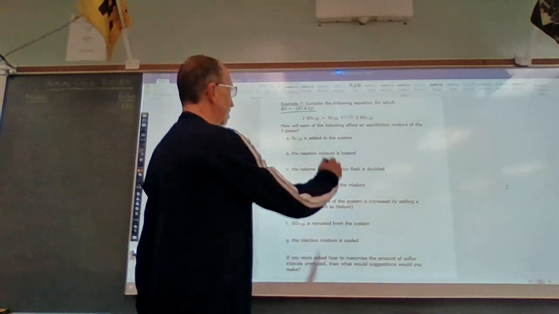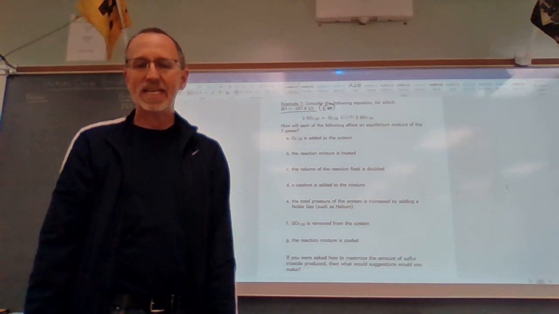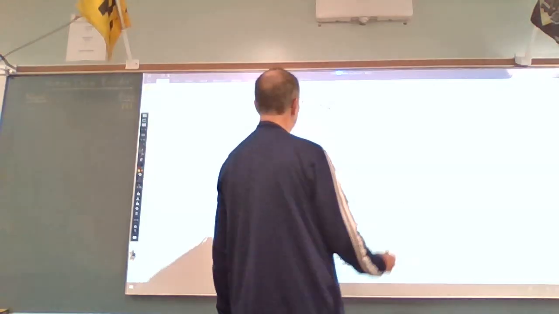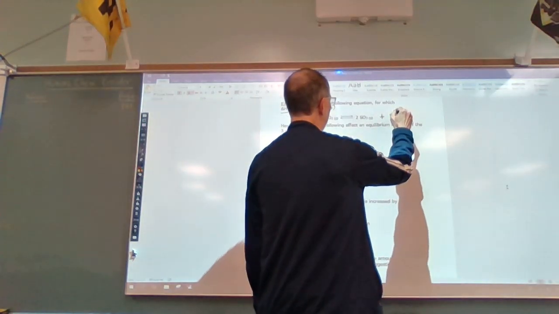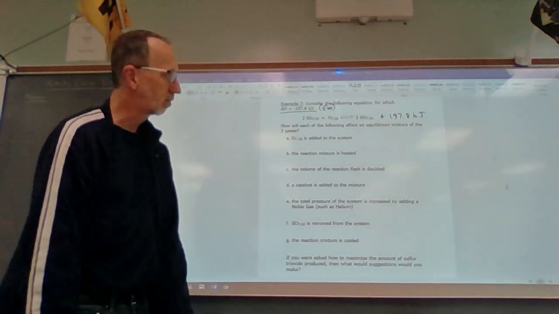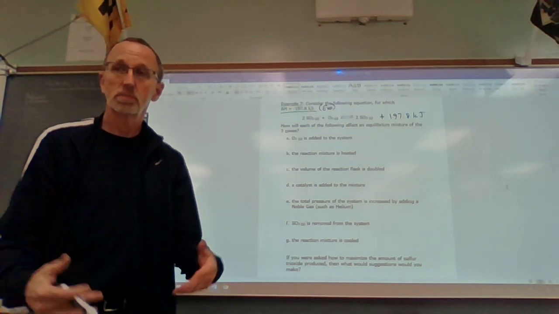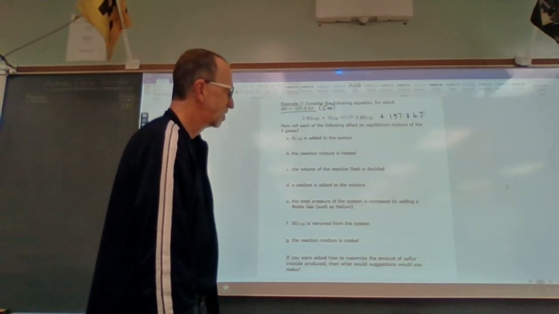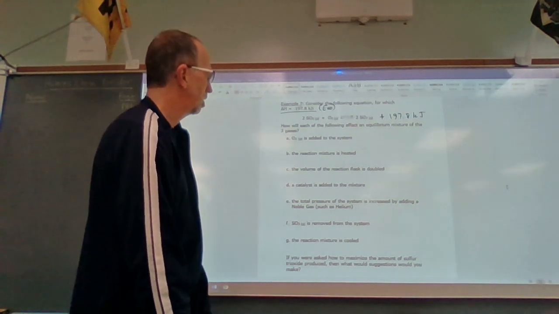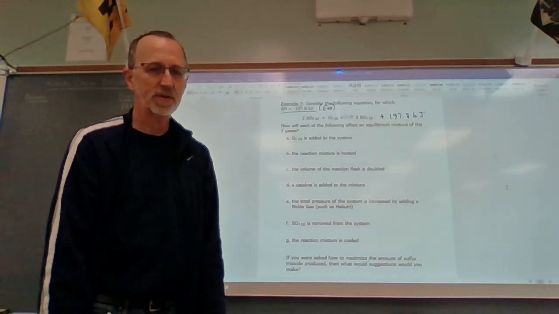That tells us this reaction is exothermic, meaning that heat is a product. So let's go ahead and take care of that right now. Plus 197.8 kilojoules. All right. How will each of the following disturbances or stresses affect the equilibrium mixture of the three gases in this reaction?